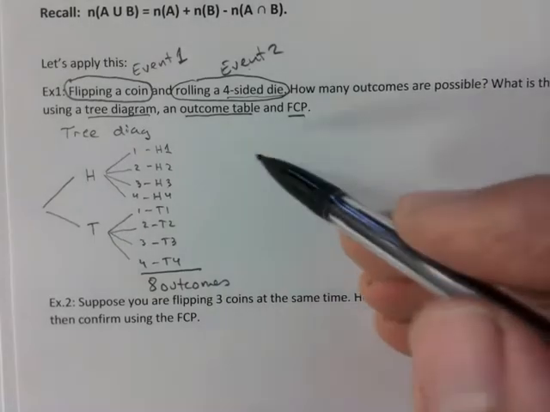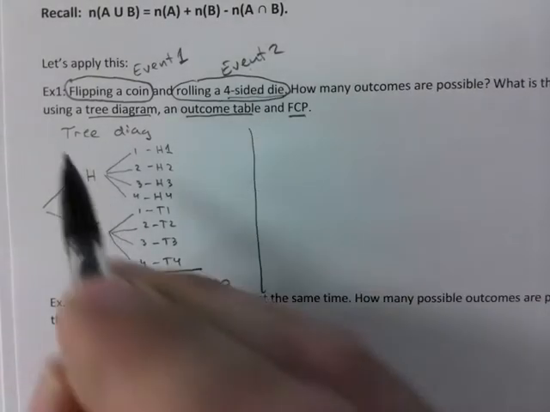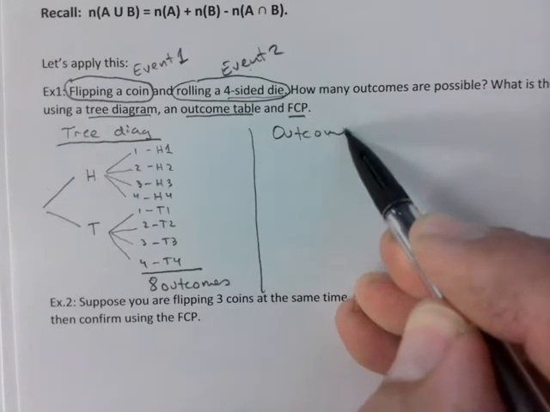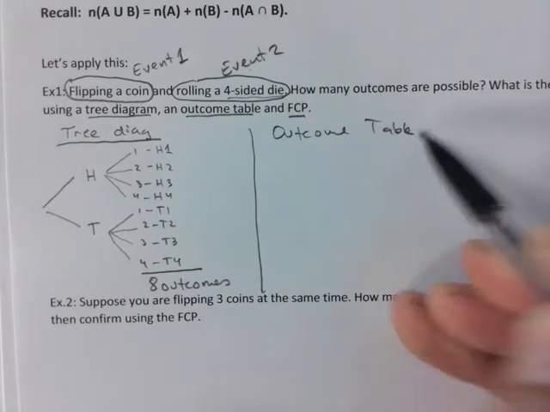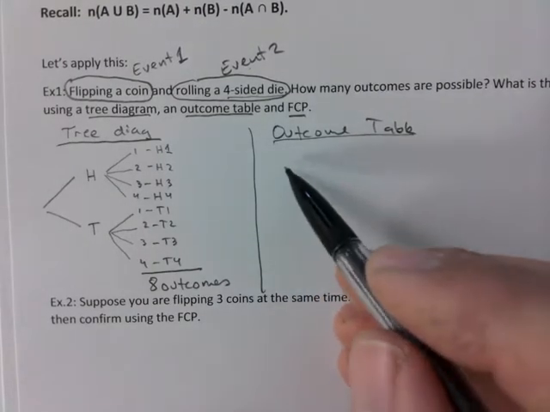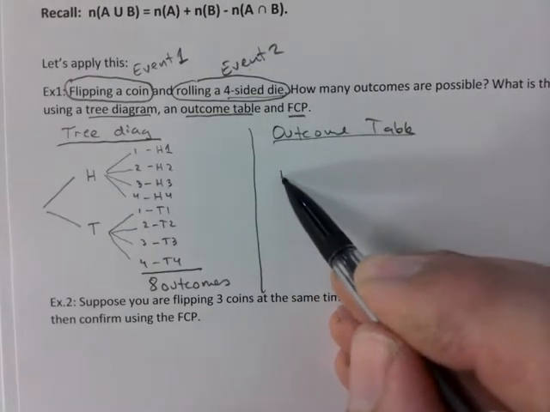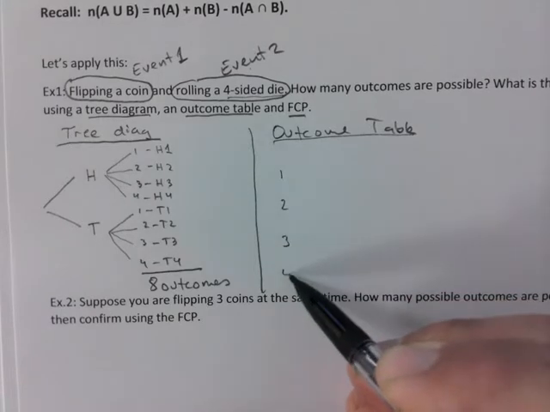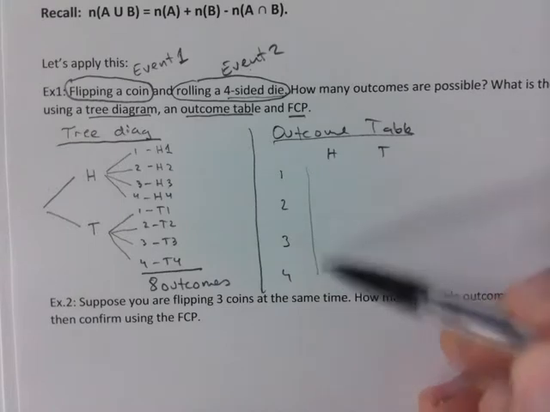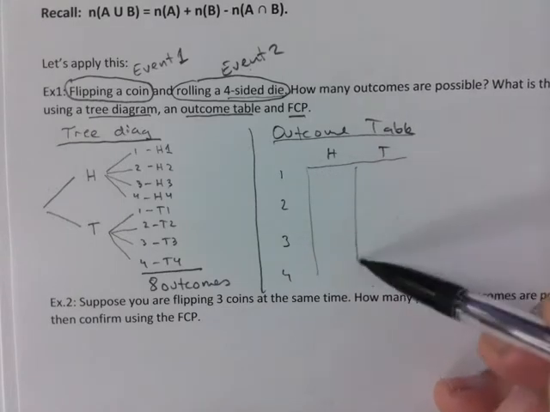Let's do the table. So this is the tree diagram. We're gonna do the outcome table. You will need to be comfortable with both, okay? Maybe as early as tomorrow. So what you do here is, order doesn't matter. So heads and tails, right? Those are my options. So you make a table in a sense.